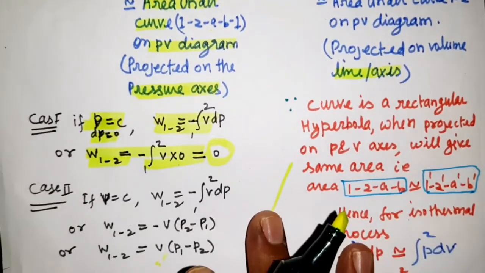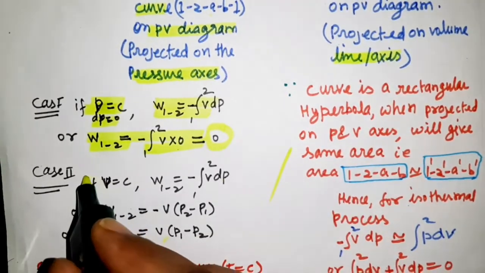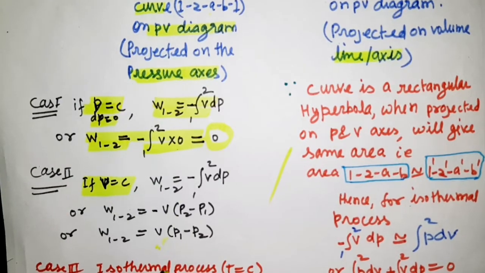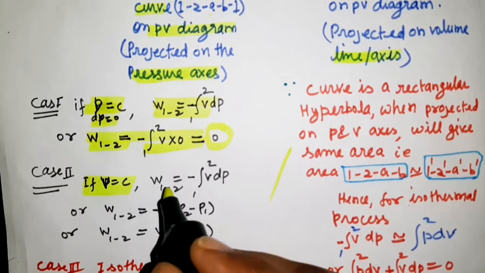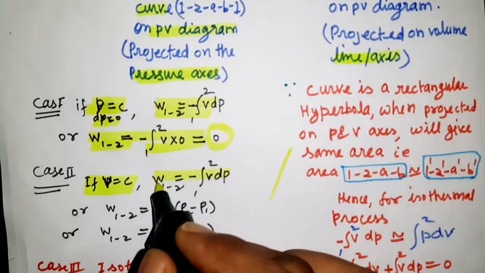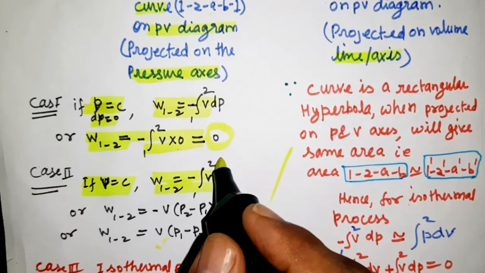Now we will talk about the second case. In the second case, volume is constant, meaning the process is isochoric. Now we can say work done during this process W1 to 2 is equal to minus integral V dP, limit 1 to 2.